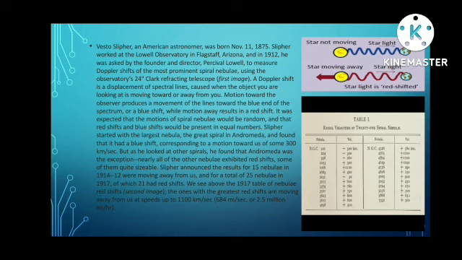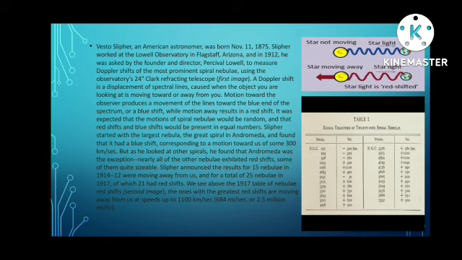Motion away results in a redshift. So when we recognize a redshift in the spectrum using a powerful telescope, we determine that the nebulae is moving away from the Earth, relative to the Earth.